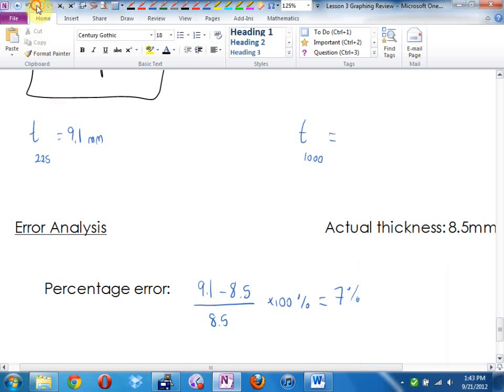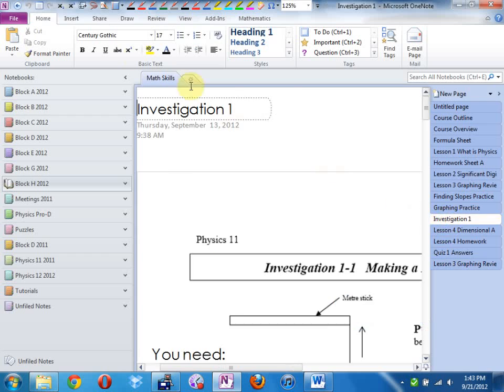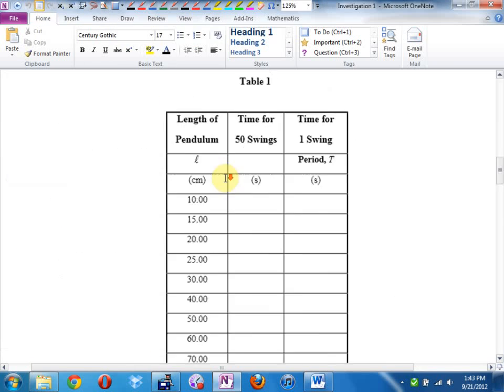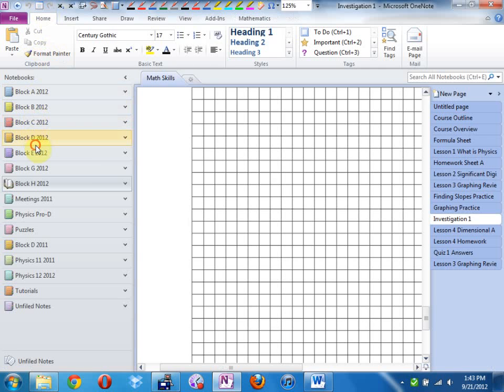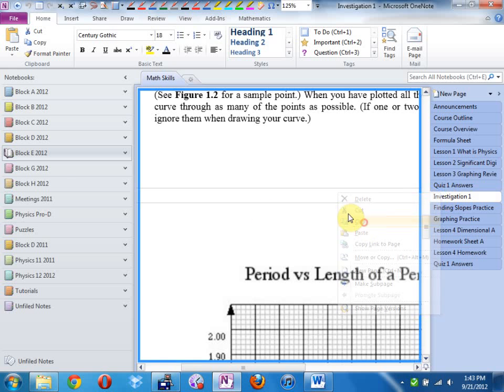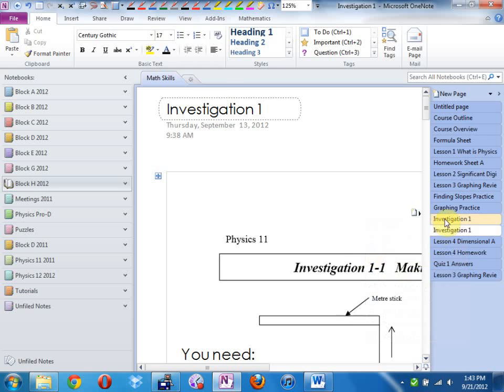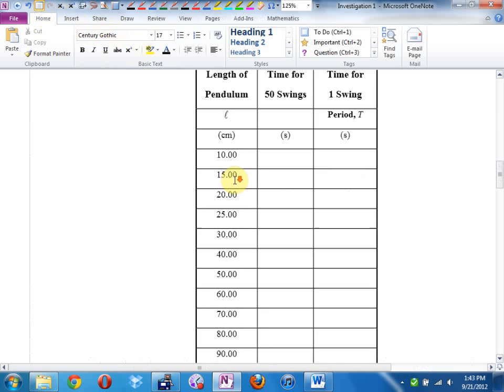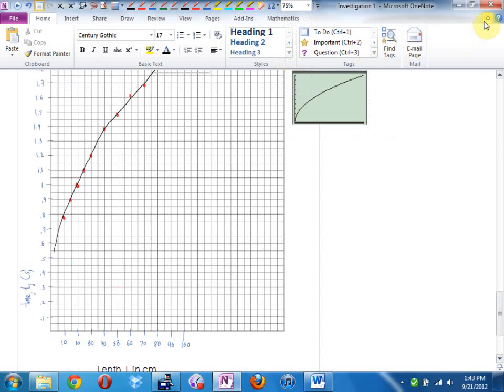The one that looked like this. And again, I'm using another student's data.